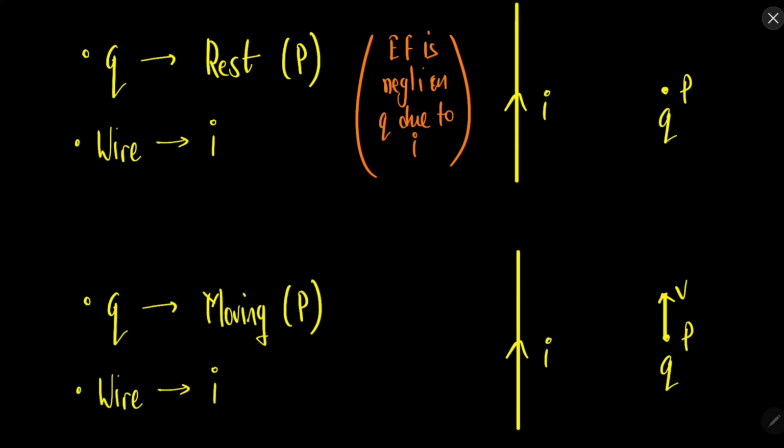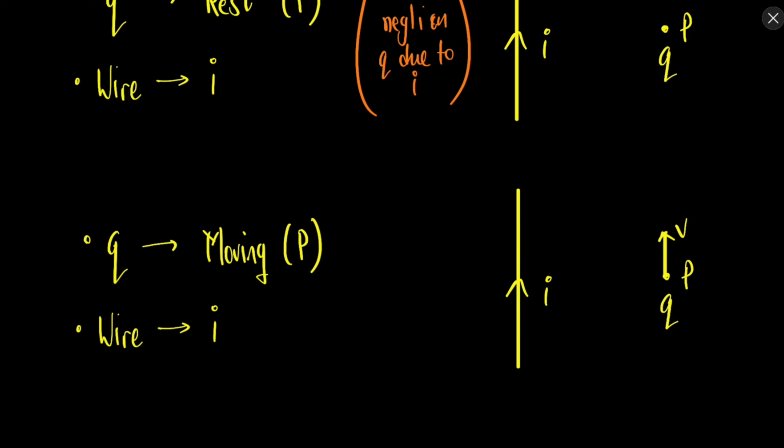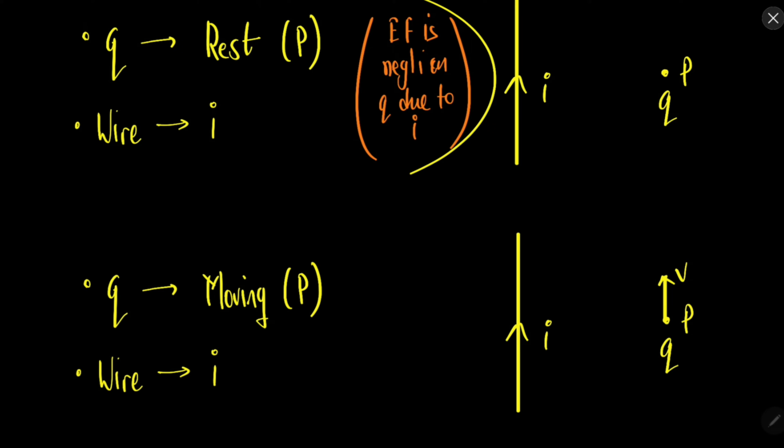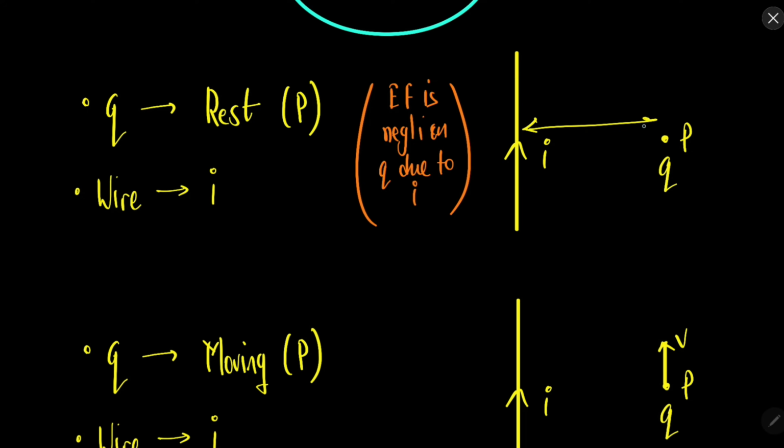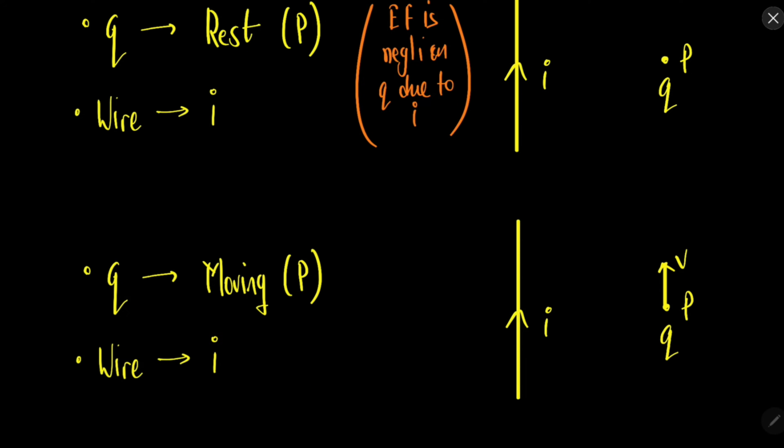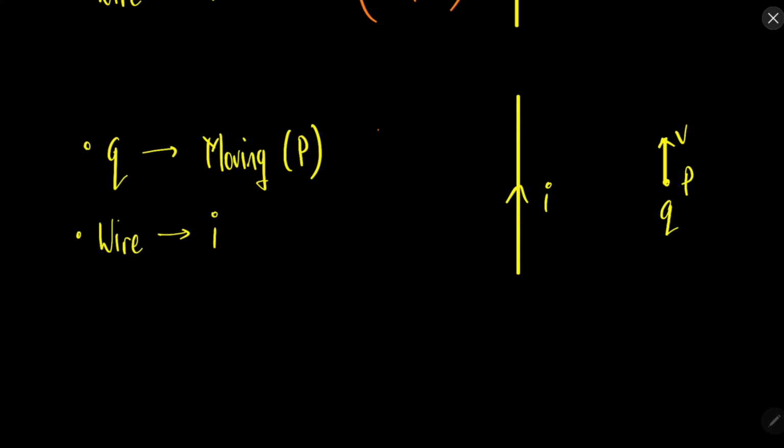So what will happen is that there will be a force acting on the charged particle, and that force will not be because of the electric component, because we just now said that the electric field is very negligible here. So when the charge moves, there is another force which is acting.